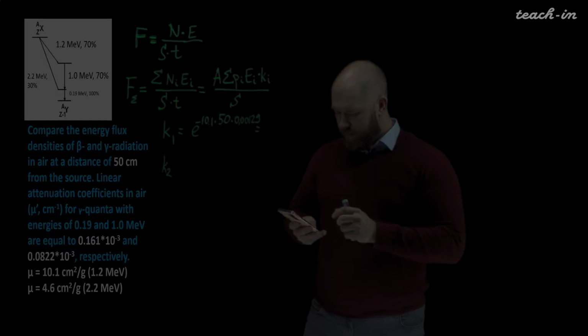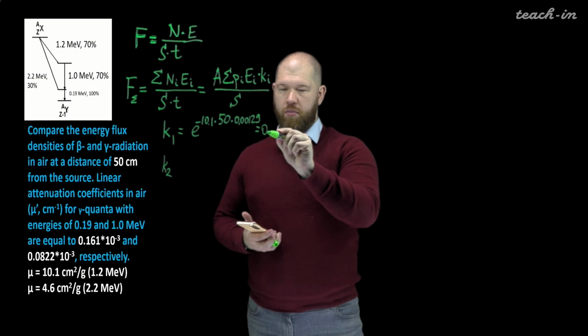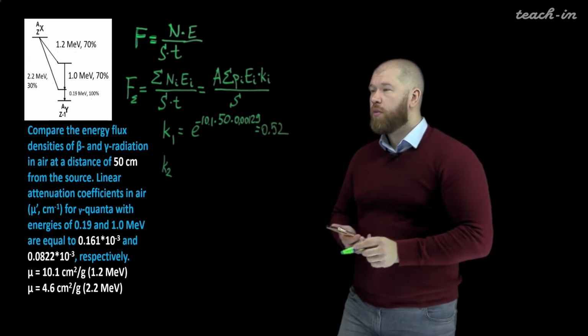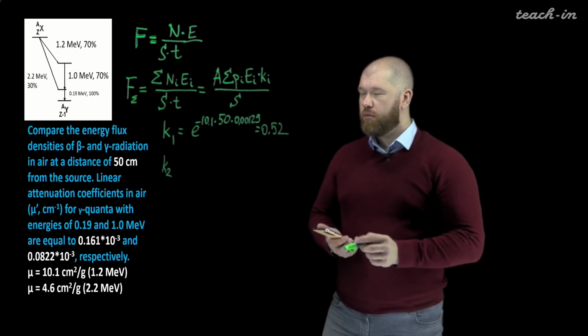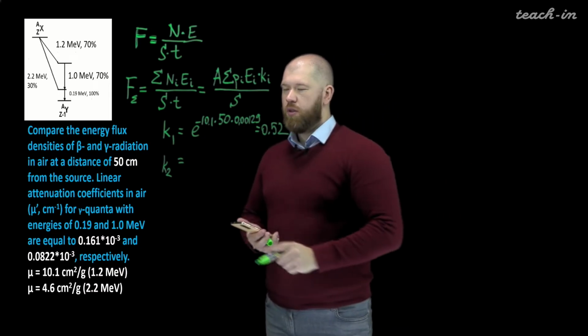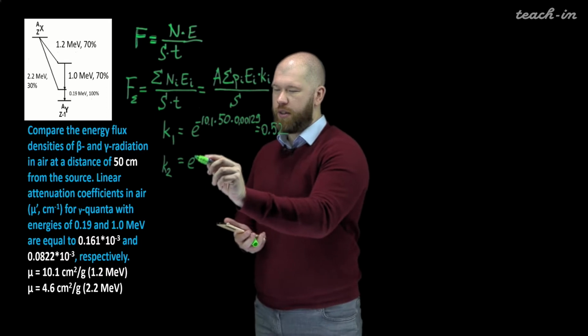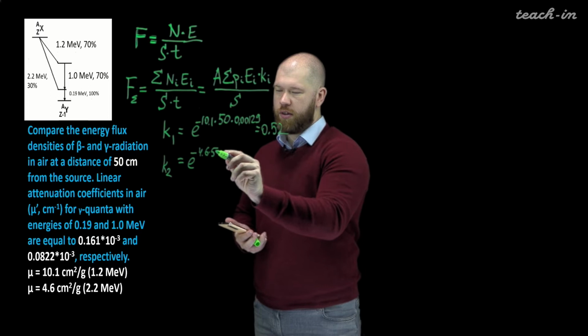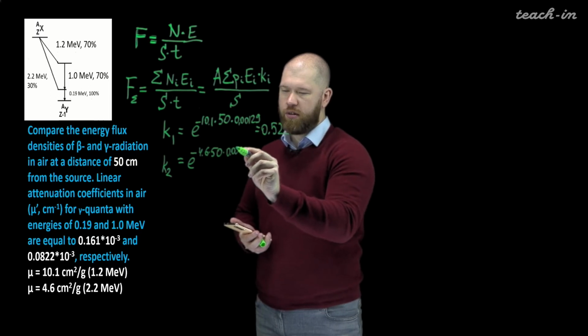And thus, we will obtain 0.52 for the first sort of beta particles, and for the second it is minus 4.6. Distance is the same, the density of air is the same.